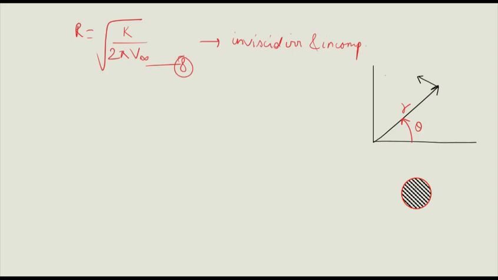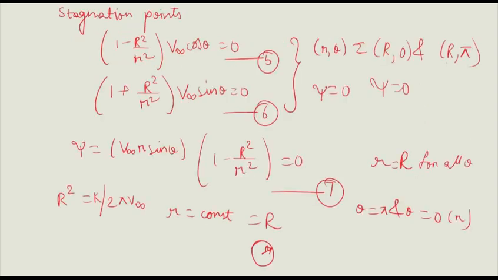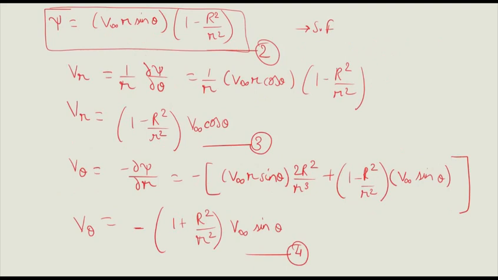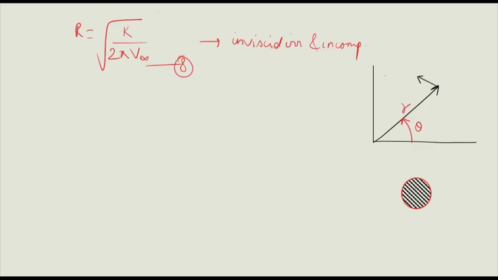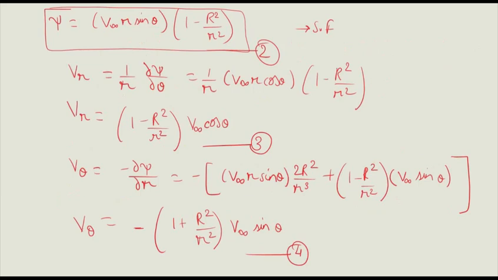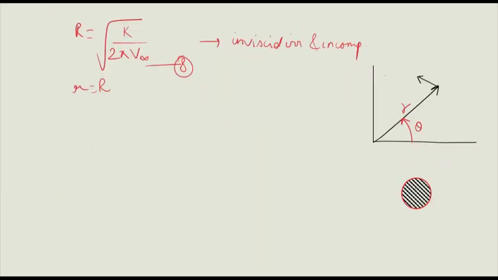So in order to quantify this discussion, now we know the velocity distribution from equations 3 and 4, correct? So what we will do is, in these equations 3 and 4, we will put small r equal to capital R. And if I put that in equations 3 and 4, let us see what that results in.